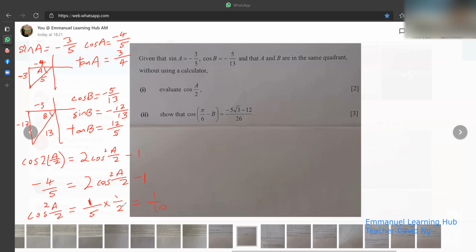So cos squared half A is 1/10. So cos half A would be the square root of this, 1 over square root 10. But your 1 over square root 10 is not applicable because your A over 2 is in the second quadrant.